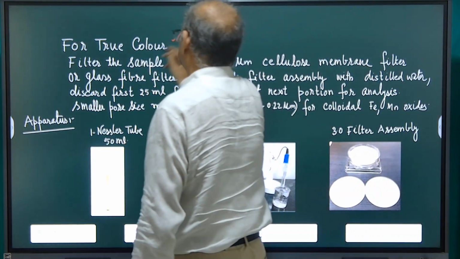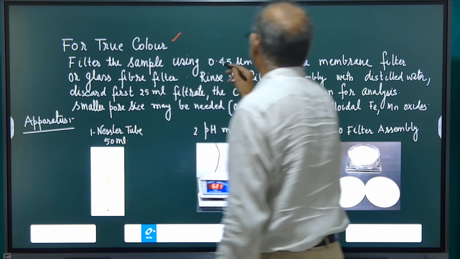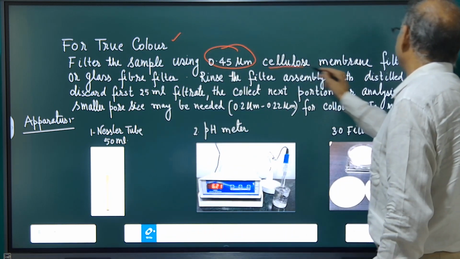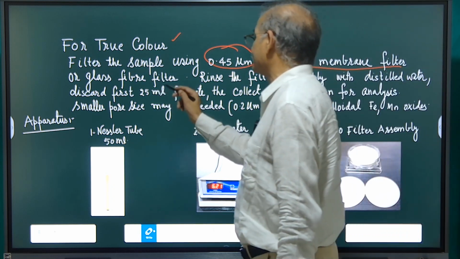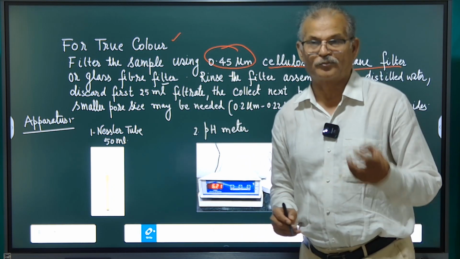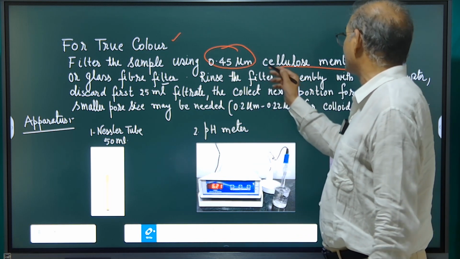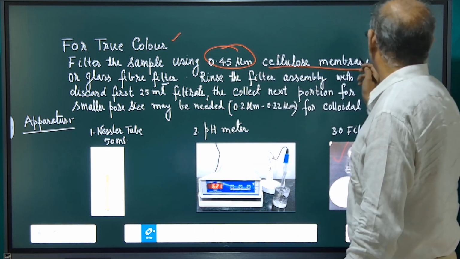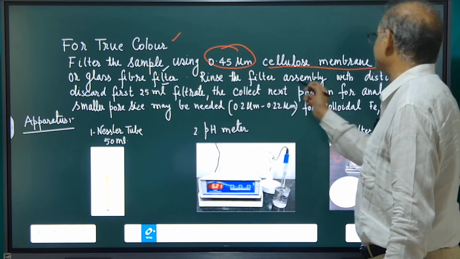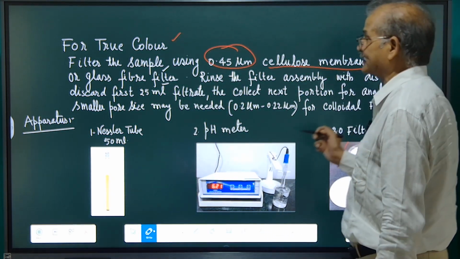For true color, filter the sample using a 0.45 micrometer cellulose membrane filter or glass fiber filter. Rinse the filter assembly with distilled water.